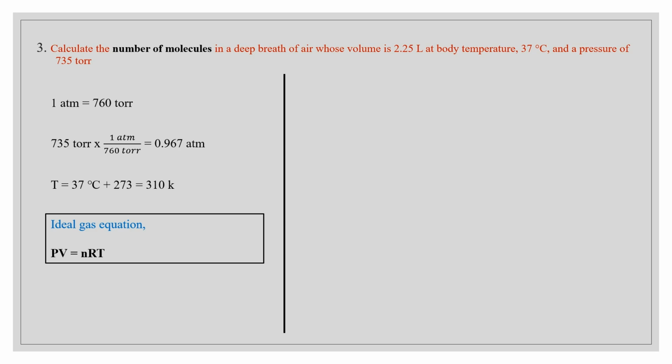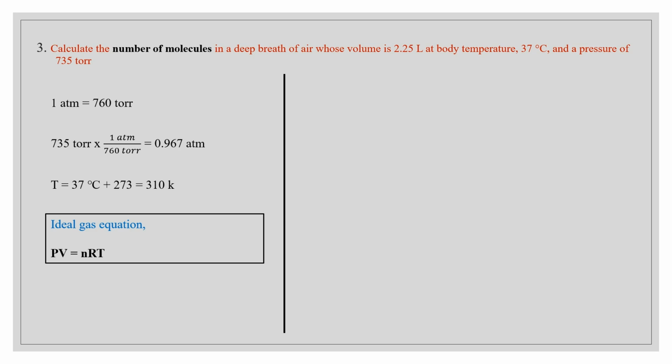To calculate molecules, we need the number of moles. According to the given information, the number of moles we can calculate using the ideal gas equation. Pressure and volume are given, the universal gas constant value we already know, and temperature is given. So the only unknown is the number of moles.